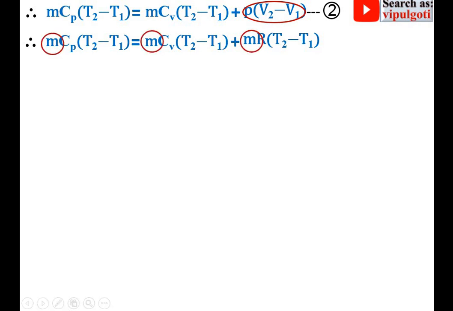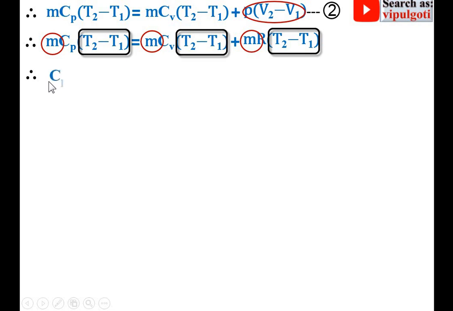Here m cancels from both sides, and T2 minus T1 also cancels on both sides. So Cp is remaining on one side, and on the other side Cv plus R remains. So I can say Cp minus Cv is equal to R.